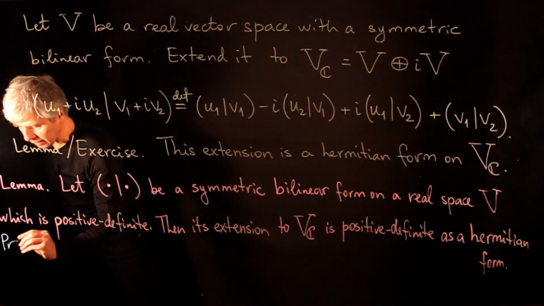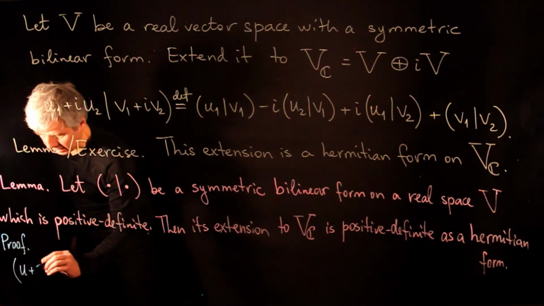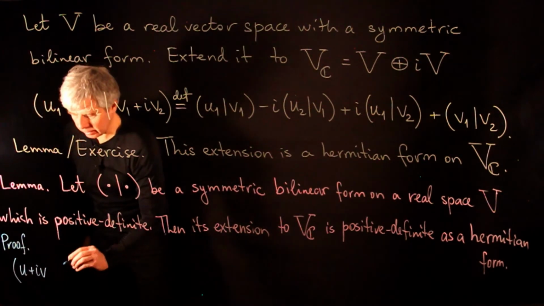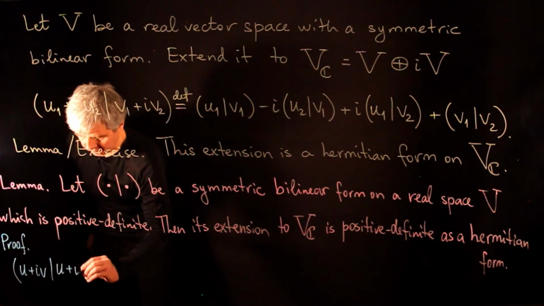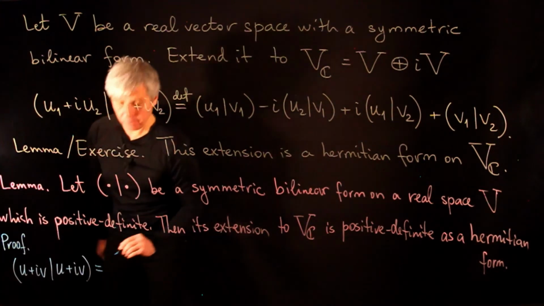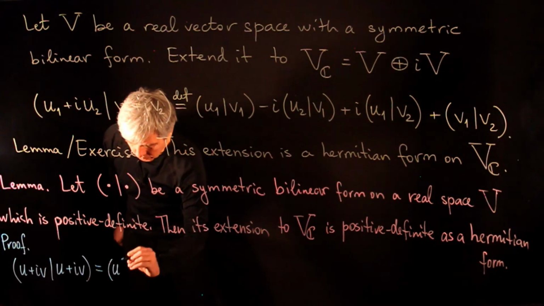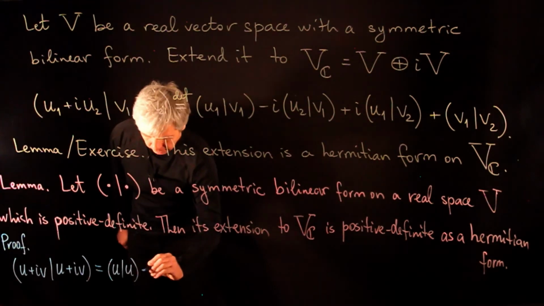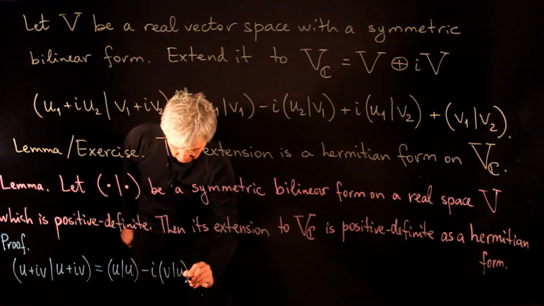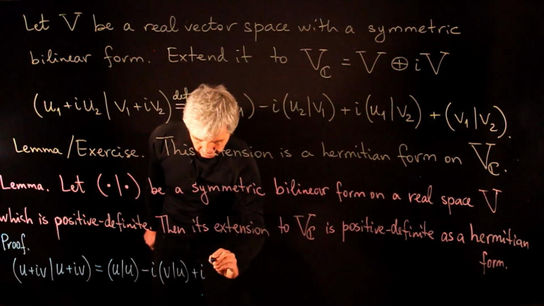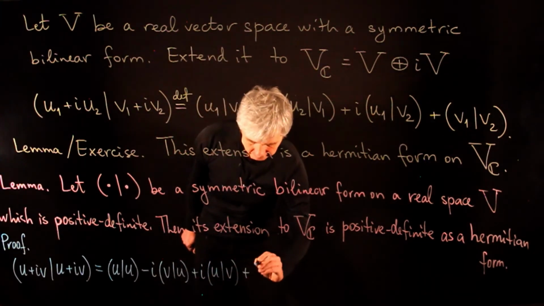Now, to check this, we just take vector u plus iv, so take a real part and an imaginary part of a vector, and we take it with u plus iv. Then using this formula, this is equal to uu minus i times vu plus i times uv and plus vv.